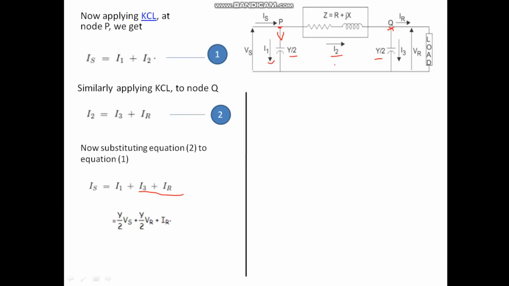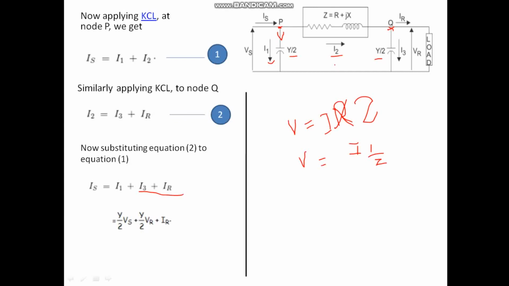Ohm's law: V is equal to IR, so I is equal to V by R, or V by Z, where Y is 1 by Z. What I mean is, Ohm's law is V is equal to IR, or if resistance is not there, it is impedance. Admittance, we are considering admittance here, it is 1 by Z.